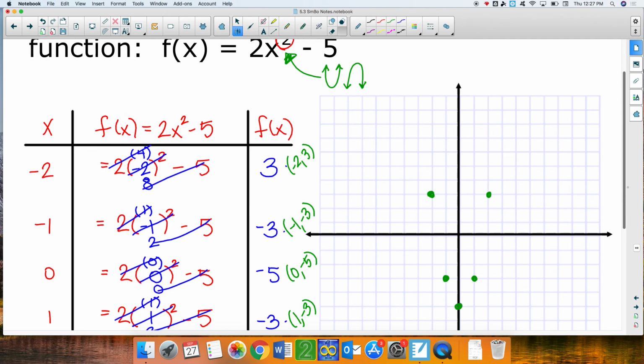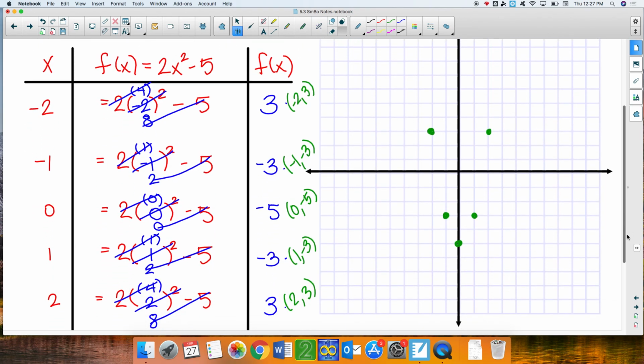So when you have a quadratic function, which means it has an exponent of 2, you're going to be drawing a U. This time you're not going to use a ruler. Make sure you are curving. This goes on forever. You want to curve this down here because a parabola should be curved. Make sure you're not making straight lines. Make sure that it is curved. And that concludes your 5.3.